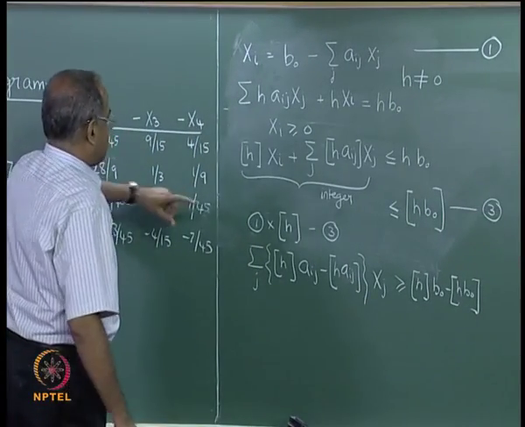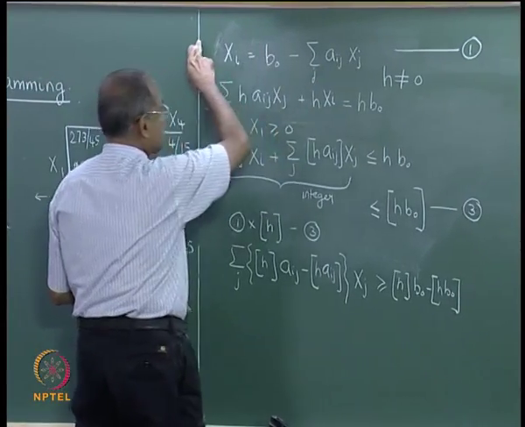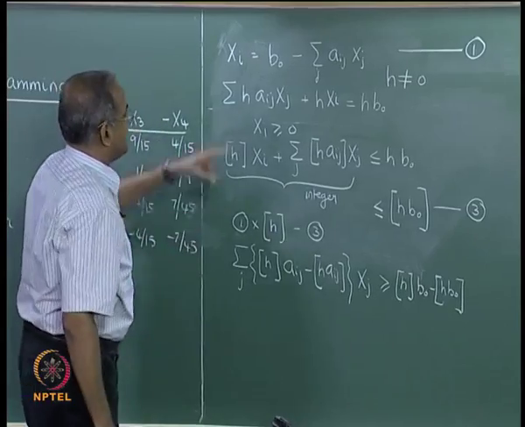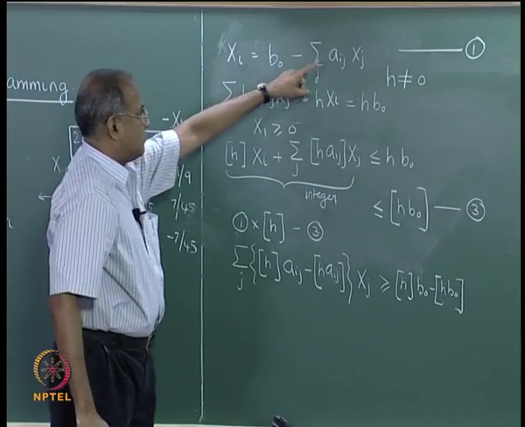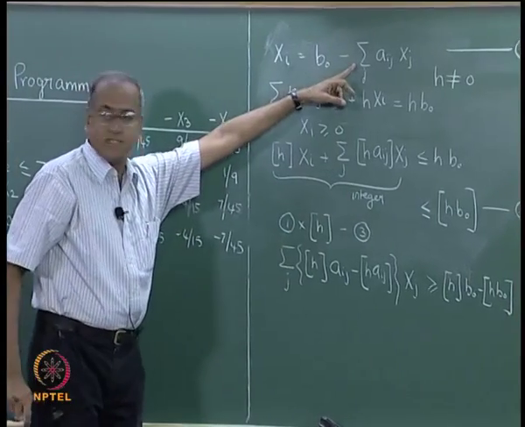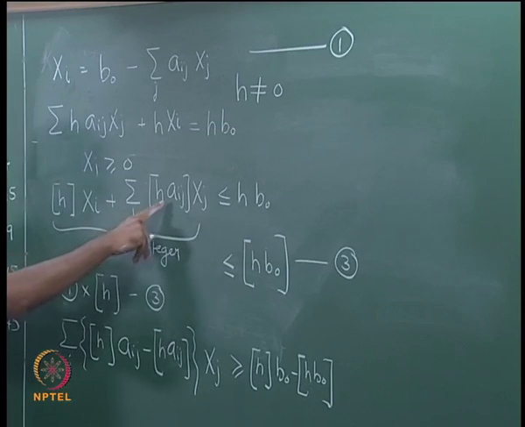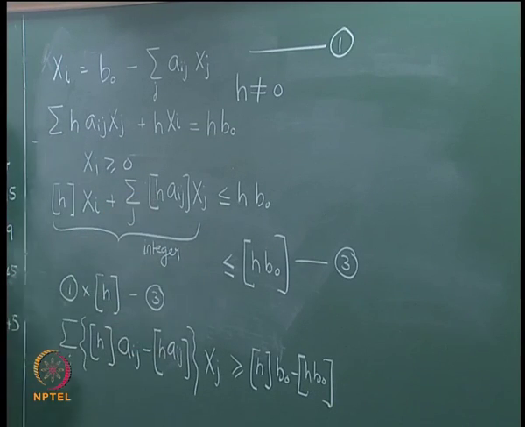So multiplying the first one by h, which means you are taking this to the other side. So multiplying this by, so lower integer value of h into aij comes from here, minus this comes from here, I am subtracting. So this part is fine.